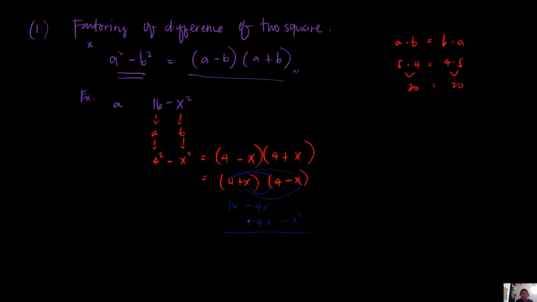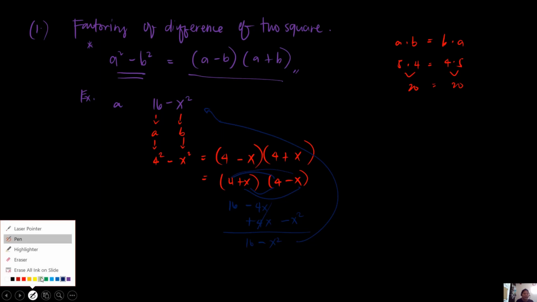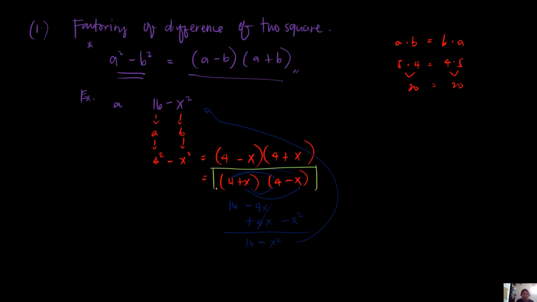Since they have opposite signs, negative 4x plus 4x is equal to 0, so bring down 16 and negative x squared. We go back now to our original expression. So now we can say that the quantity 4 plus x times the quantity 4 minus x is the factor of 16 minus x squared. Therefore, our final answer is this, or the other way around.